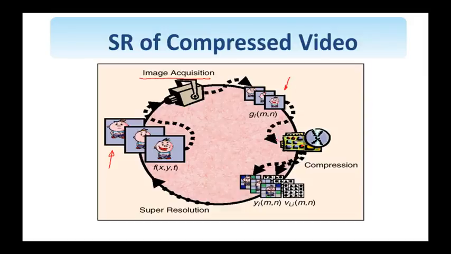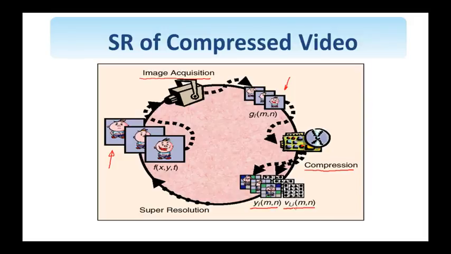Now this is input to a compression system, and the output of the compression system is the low resolution compressed video, but also information that is generated by the video coder. And such information is a sparse motion field, as well as information about the quantization that was used, the quantizer step sizes.